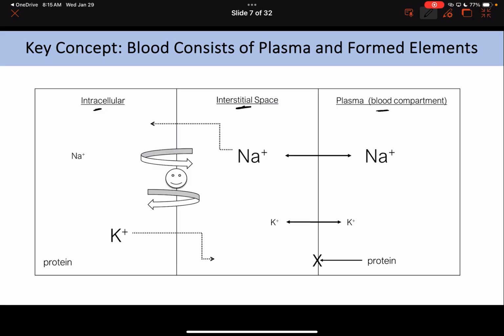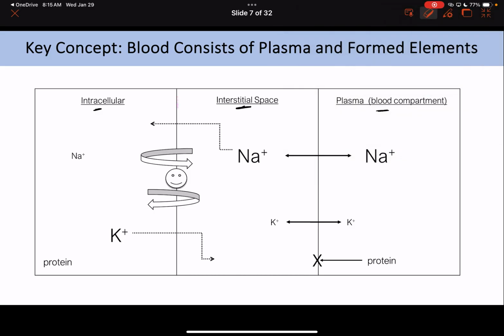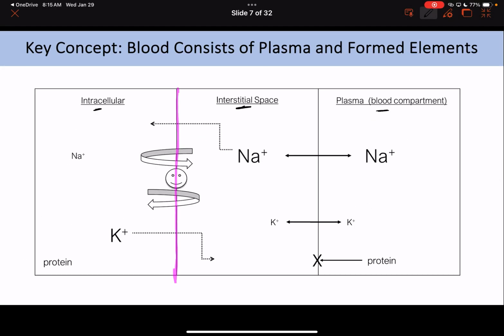What's keeping those two separate from each other? The plasma membrane, yeah. So this would be our plasma membrane.